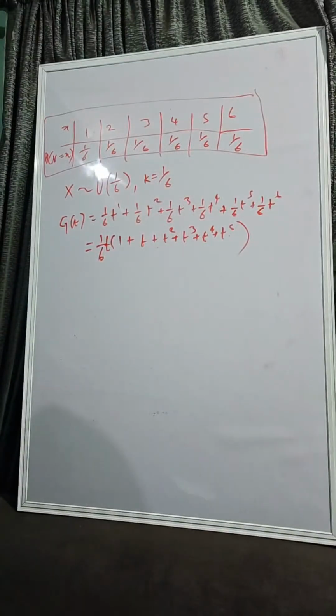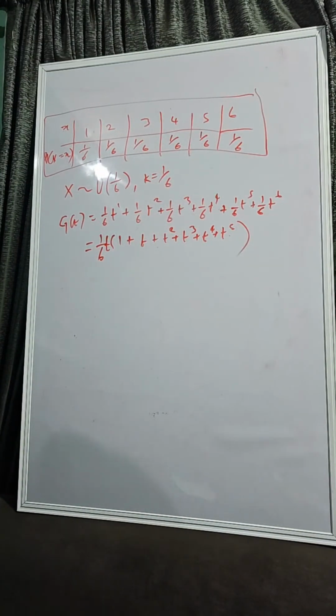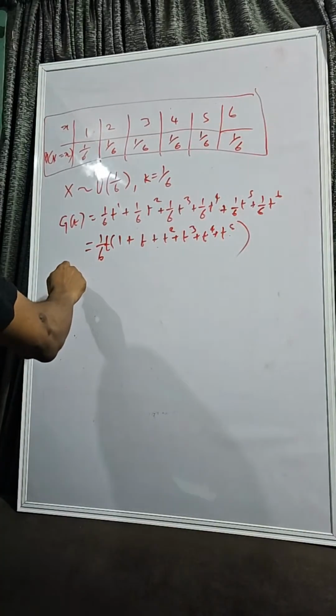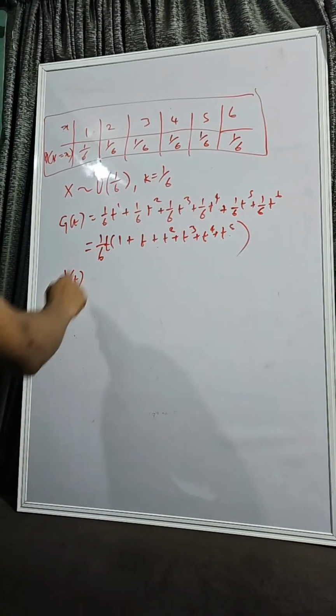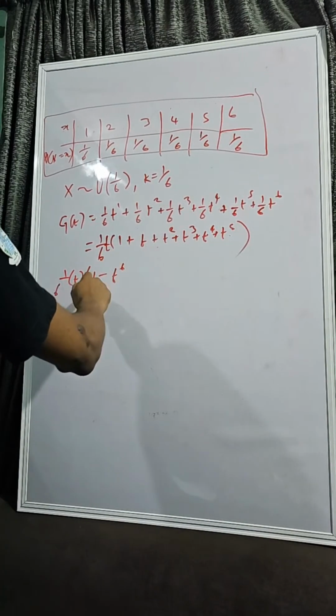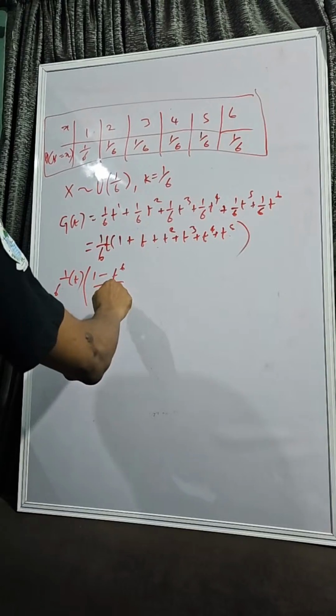So I took time to show that in case you are solving a question and you don't get 1. So it's not like it is wrong, it's just that we need to find out if there is something we missed. So we bring back this 1 minus t.